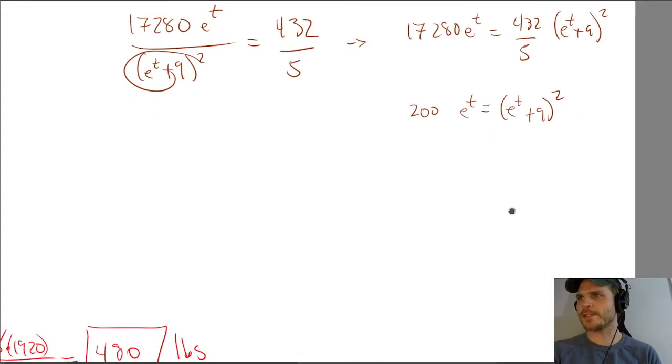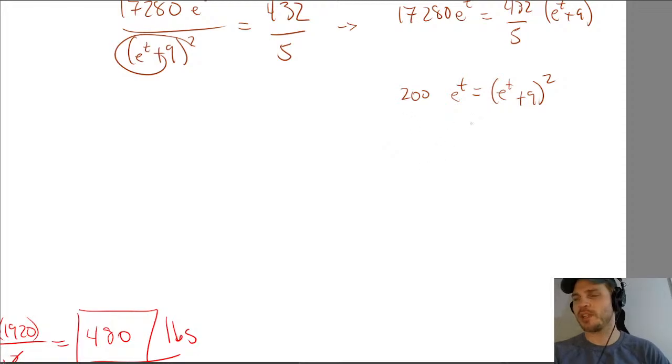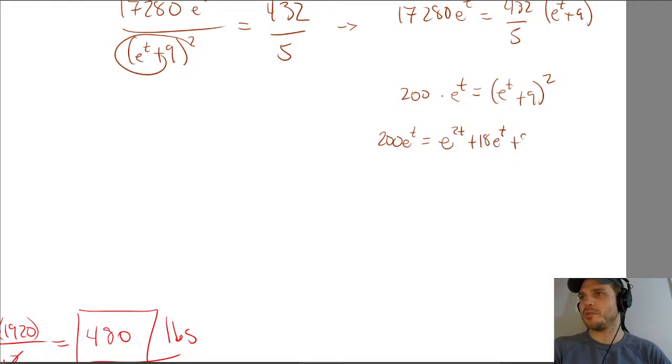Okay. Then same thing as before, so this is going to end up with a quadratic in e to the t, so let's just FOIL that out. So we got 200 e to the t, this is multiplied there, equals e to the 2t plus 18 e to the t plus 81.